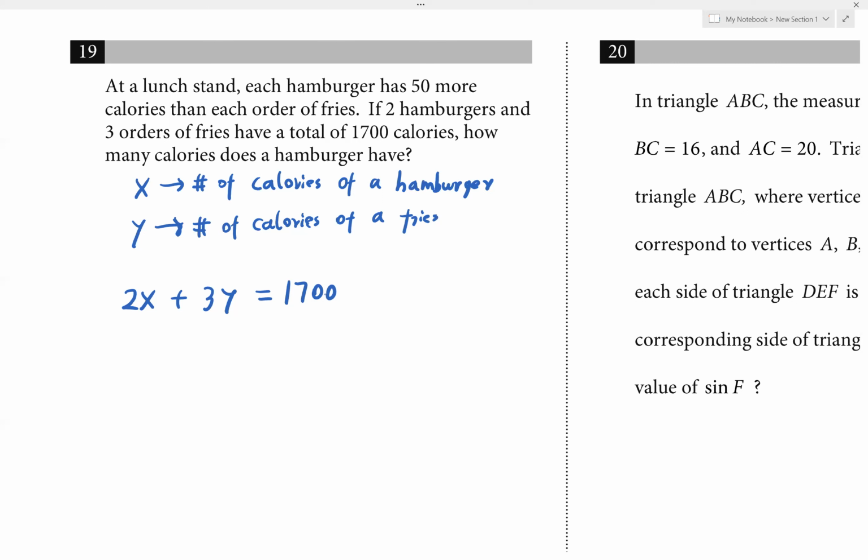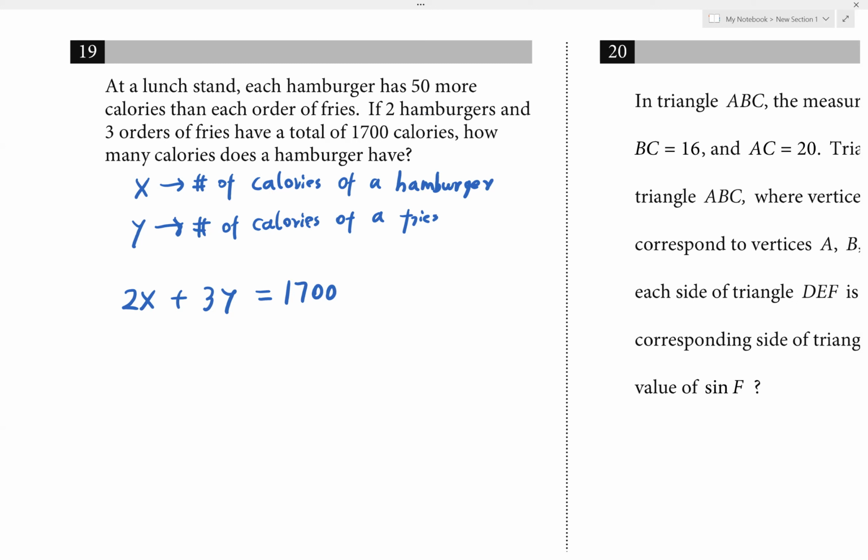And then the second equation has to come from this number 50. We know each hamburger has 50 more calories than each order of fries. I have to be careful when we write this equation. The number of calories for a hamburger is 50 more than the number of calories of fries.